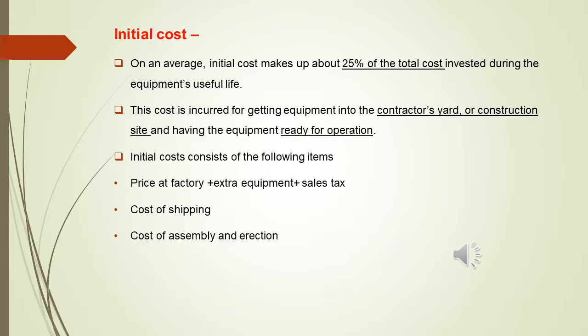And also cost of assembly and erection. These very big equipments are not ready made, they come in different parts, and then you assemble and erect them. So that cost is also included here. So this is all about initial cost.